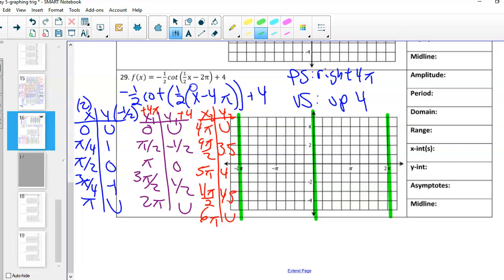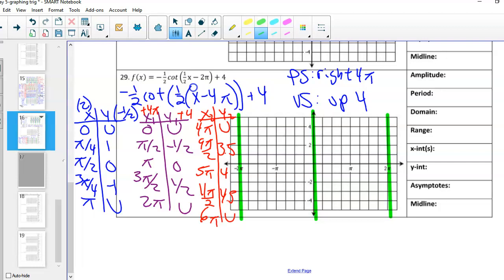And then I know I'm going to repeat these 3, but I need to go backwards because it's at 4 and 6. So if I'm going backwards, I want this asymptote to be 0 and this asymptote to be 2 pi.